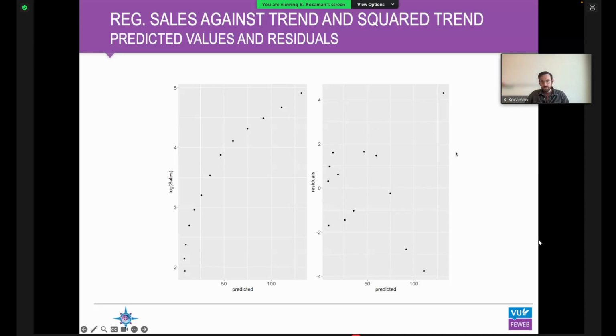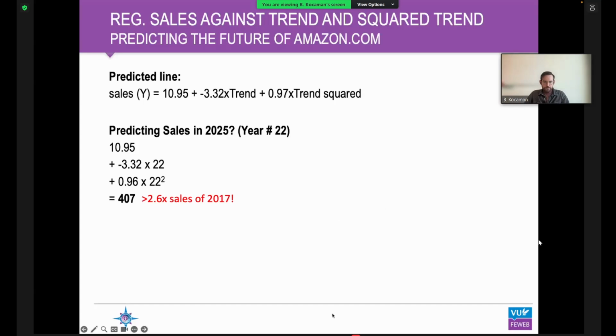But seeing this random cloud of residuals is a good sign also for linearity. So this is distributed almost evenly around 0. Good.